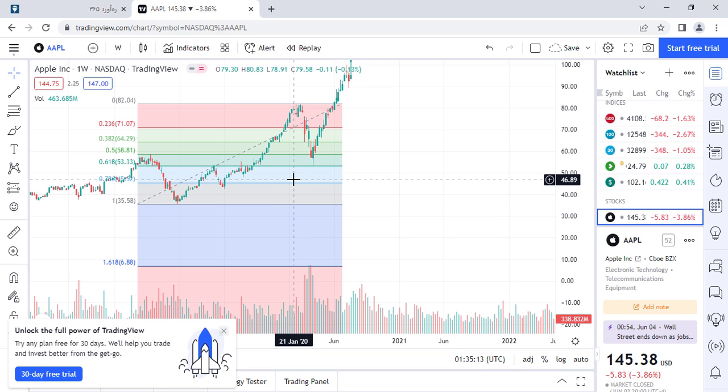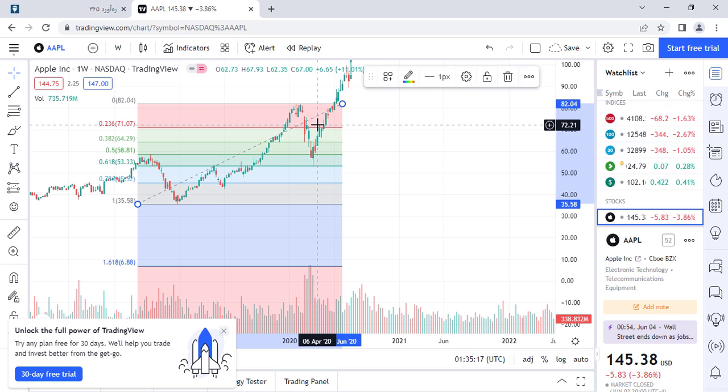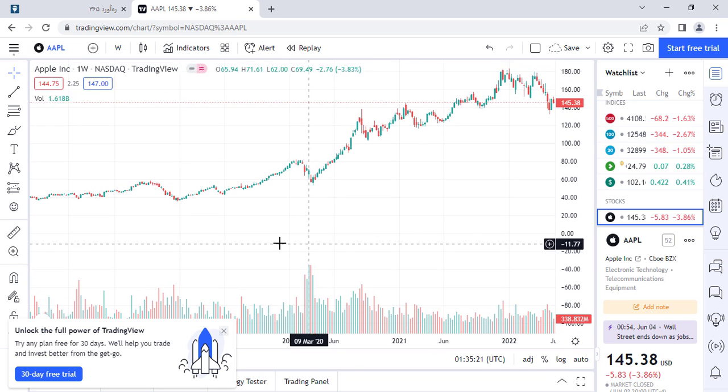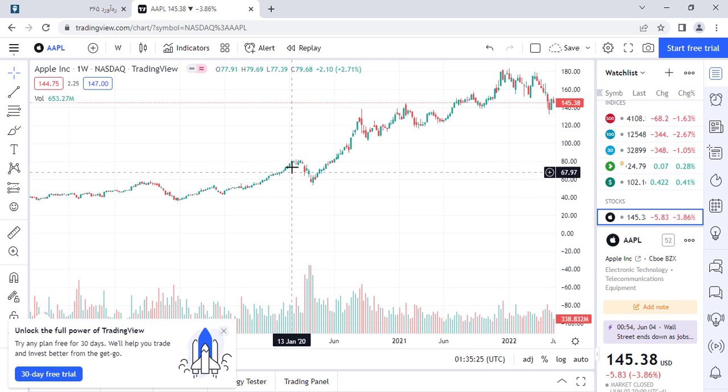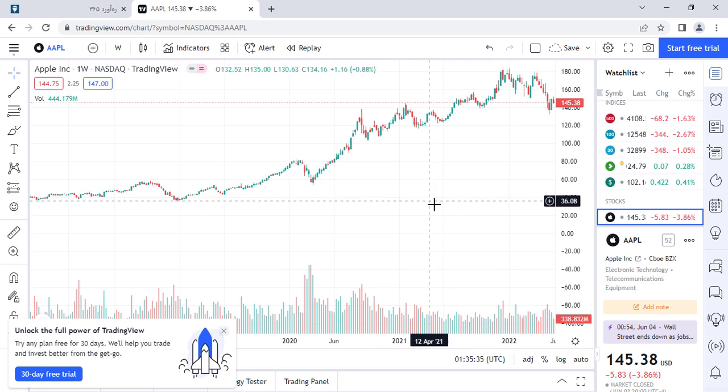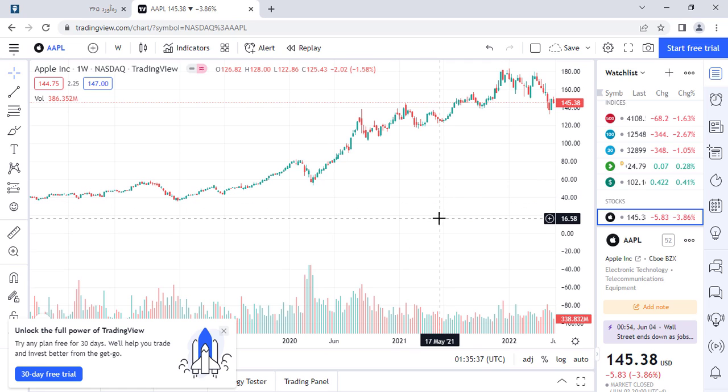But in most cases, be careful. In most cases, after an upward trend, the downward trend decreases the price from 33% to 66%. It's mostly according to the power of the movement.